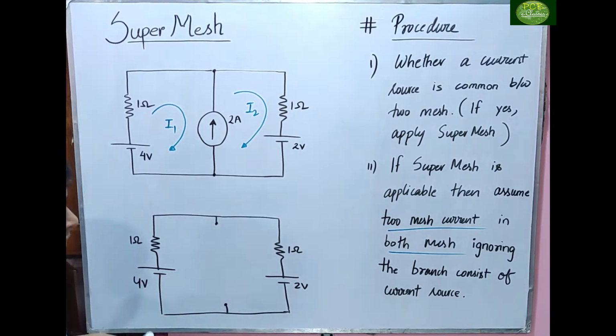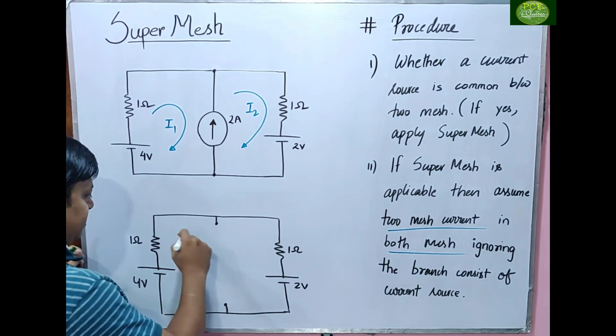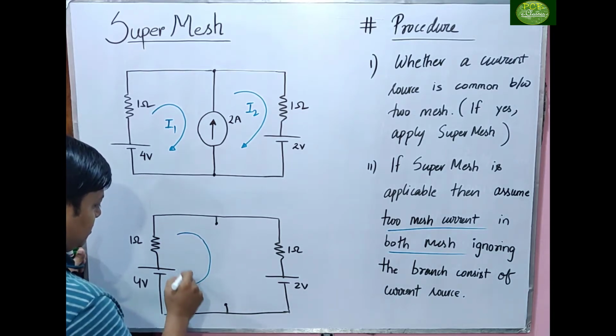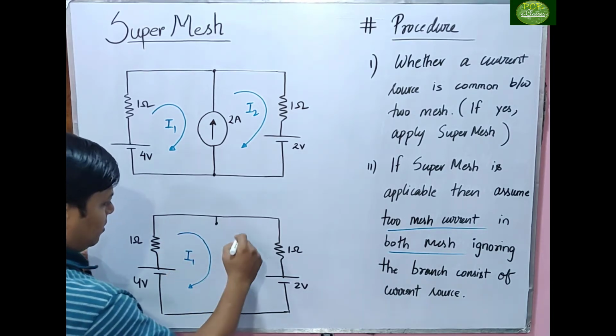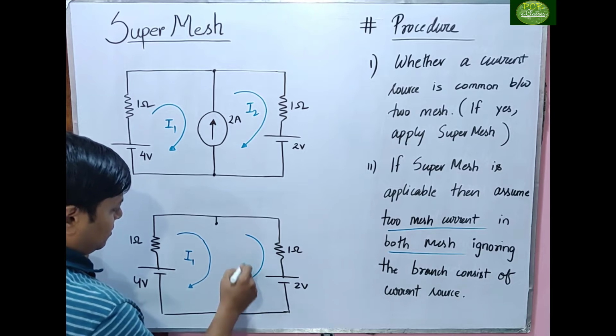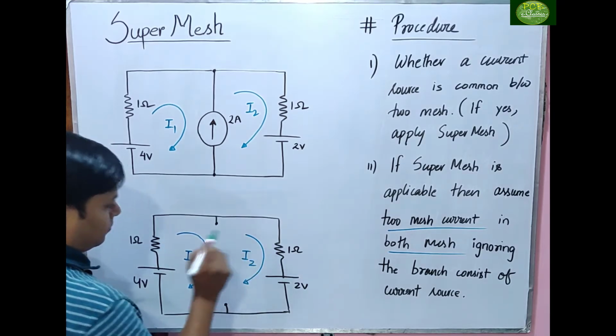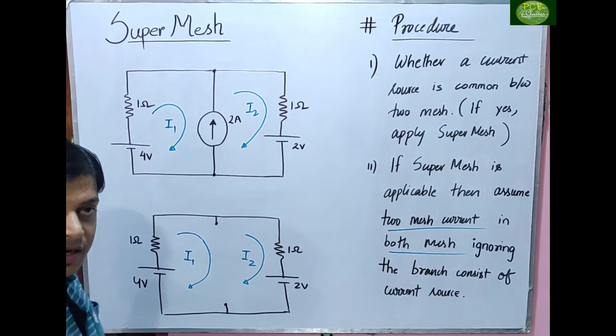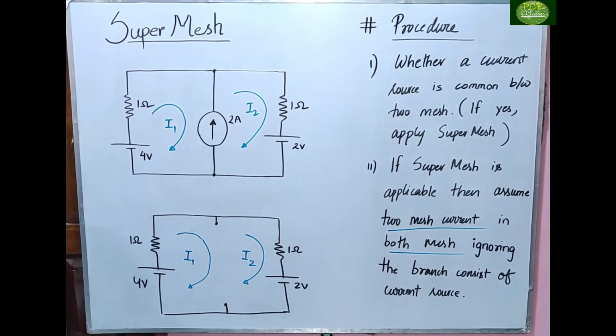What are the assumptions we have taken? This is I1 and this is I2. Clear? Next.